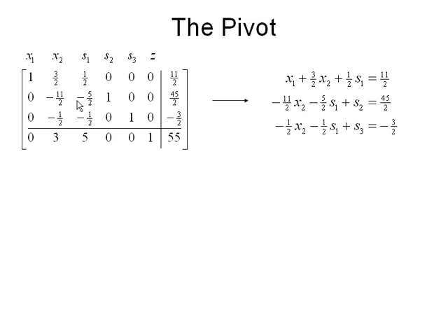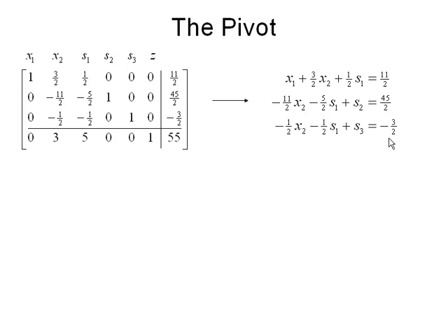I'll do the exact same thing for the second and the third row, and that gives me negative 11 halves x sub 2 minus 5 halves s1 plus s2 equals 45 halves. The third row becomes minus 1 half x sub 2 minus 1 half s sub 1 plus s sub 3 equals minus 3 halves.